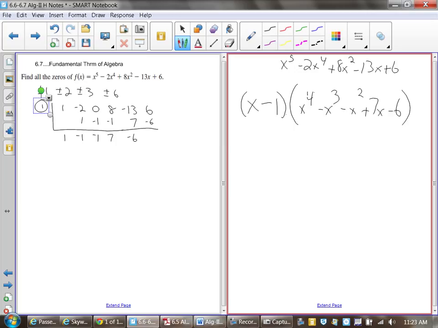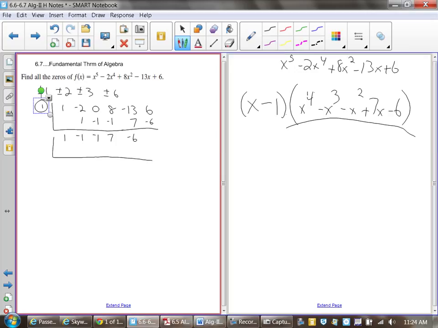I'm going to continue to try and factor out this stuff by using synthetic division again. It just so happened, like Daisy said, that my constant is the same one as we had before, so all of my possible zeros are 1, 2, 3, and 6, plus or minus. So again, start at 1.